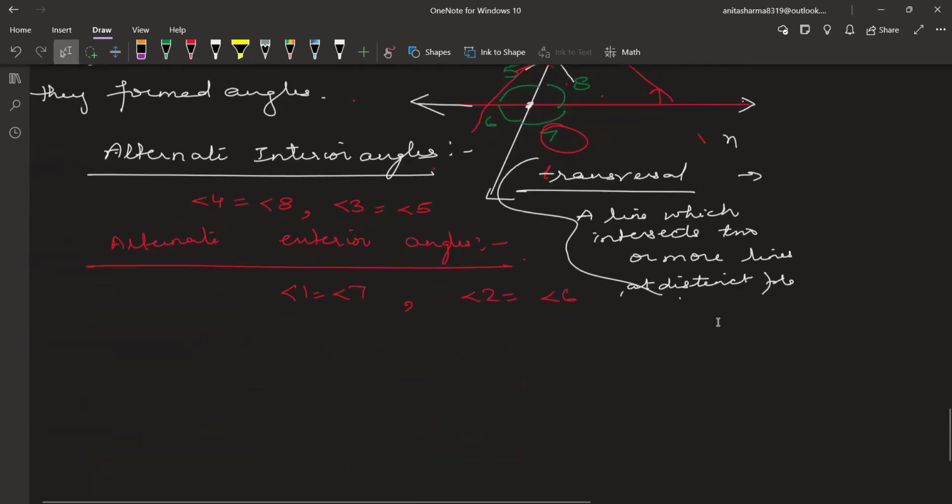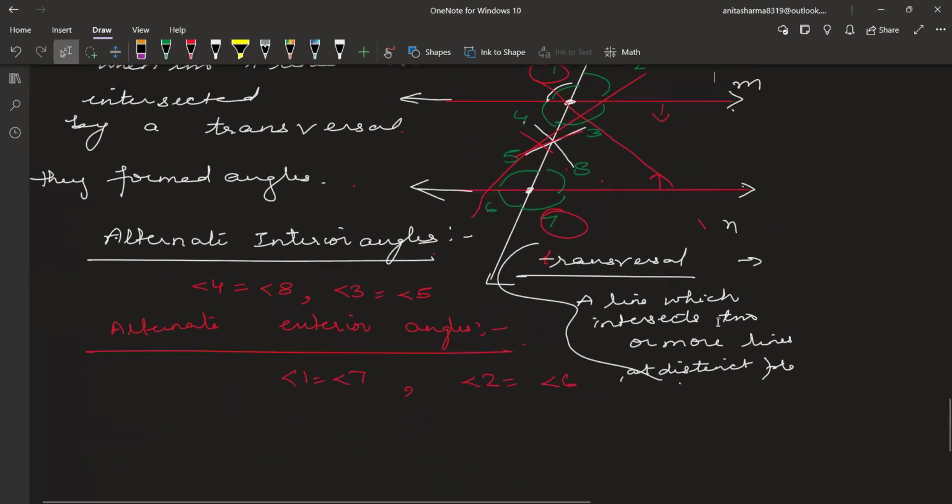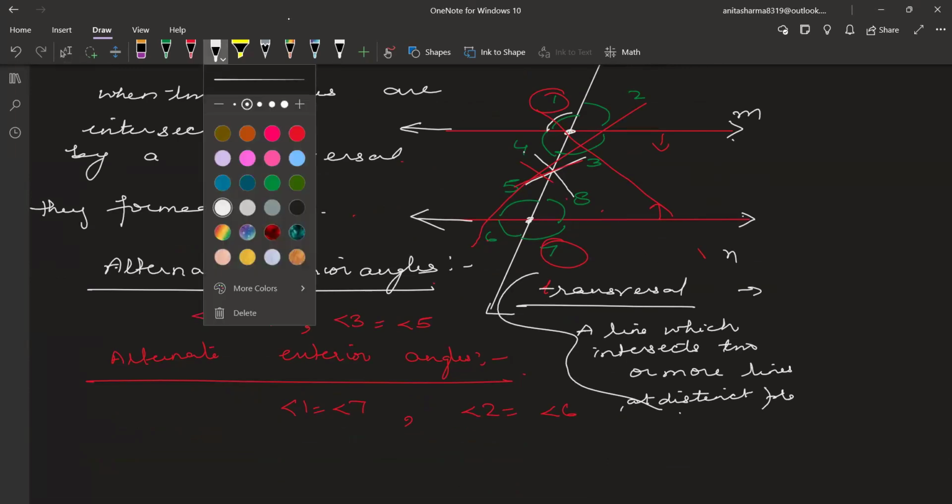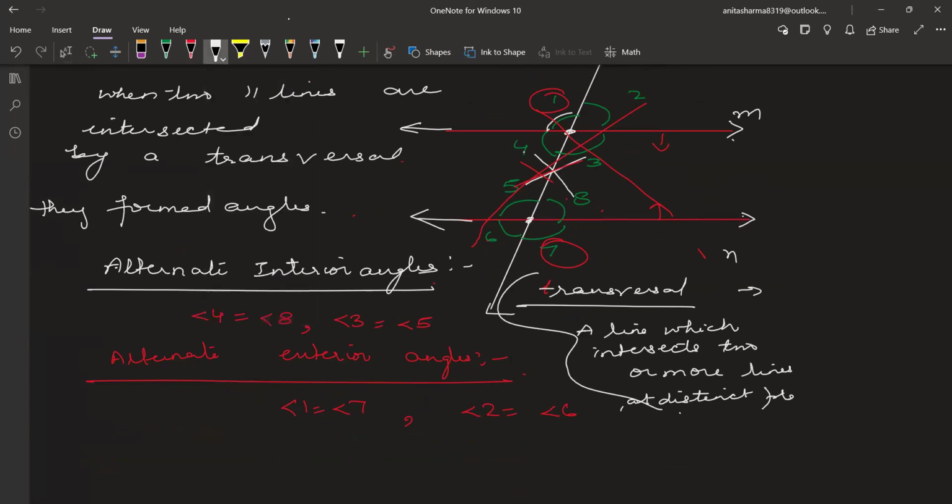So now next, see beta, next term comes corresponding angles. Corresponding angles means this angle 1 and this angle 5. Clear beta? The angles formed on the upper side of parallel lines.